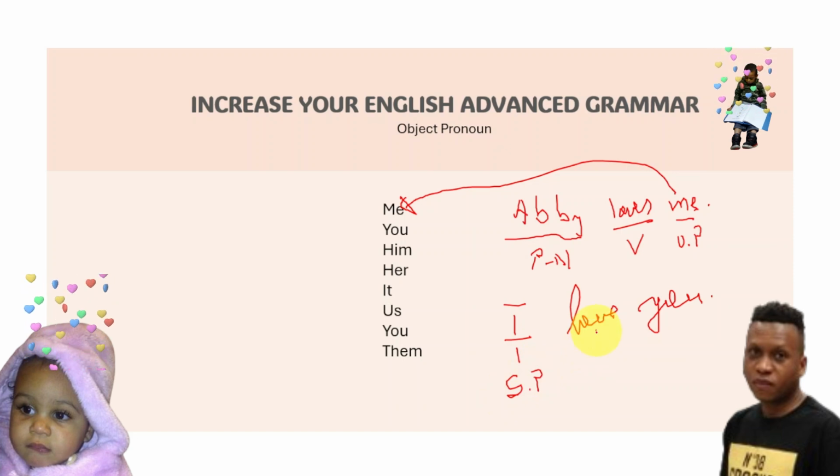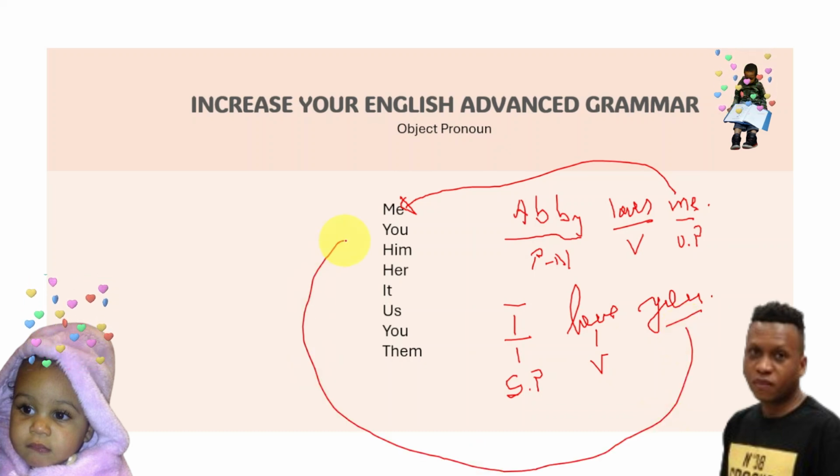This is the verb. This one is the object pronoun. This is the one I'm talking about. Okay? So, we have me, you, him, her, it, us, you, them.